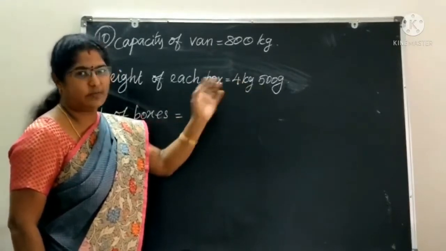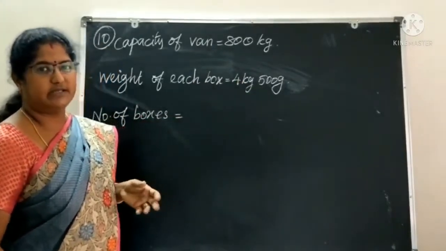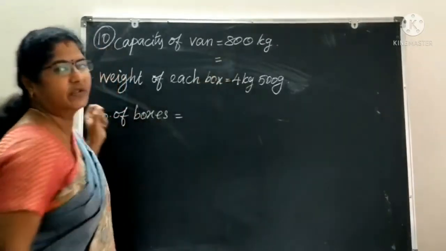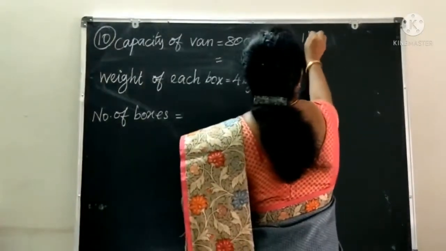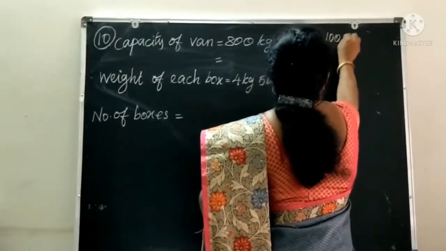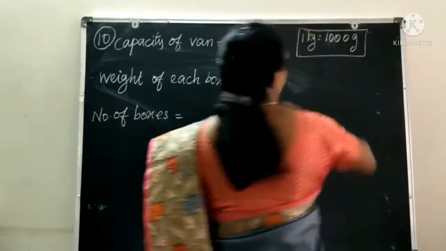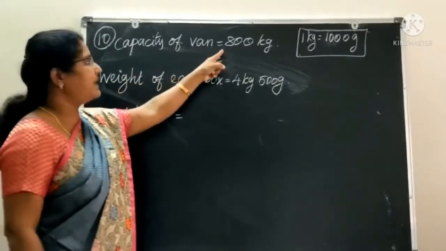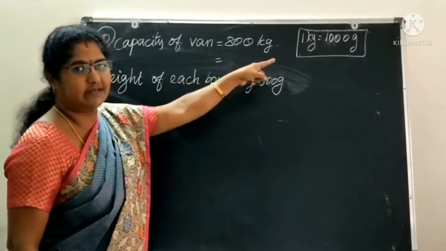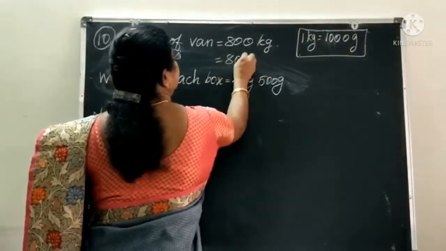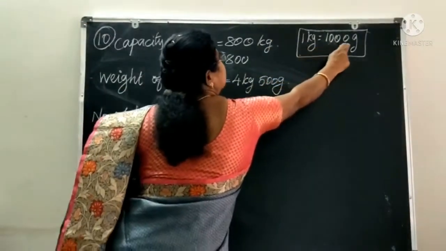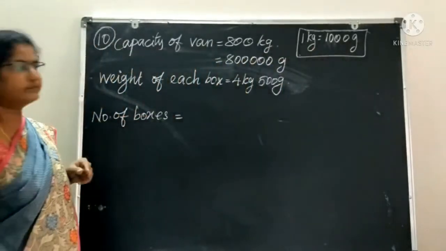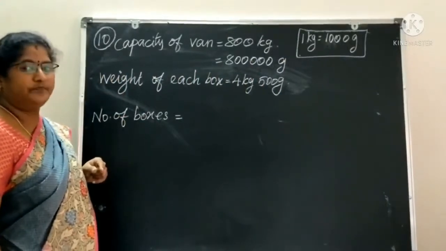So we convert into the lower unit, which is gram. 1 kilogram is equal to 1000 gram. So 800 kilogram, we multiply 800 by 1000. When you multiply by 1000, we include 3 zeros at the right end. Okay?